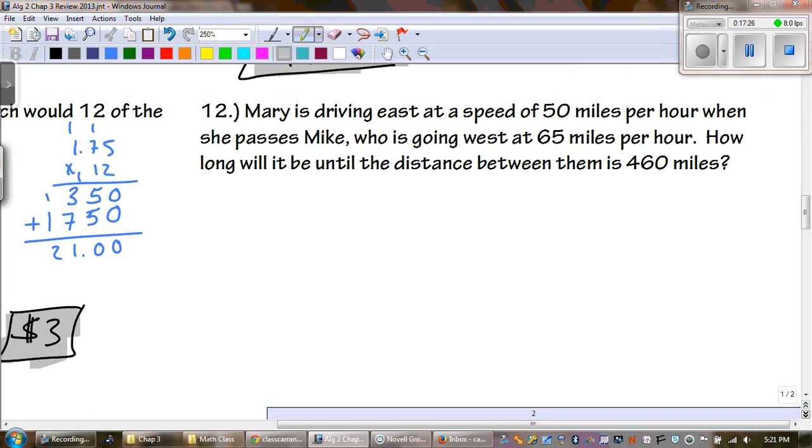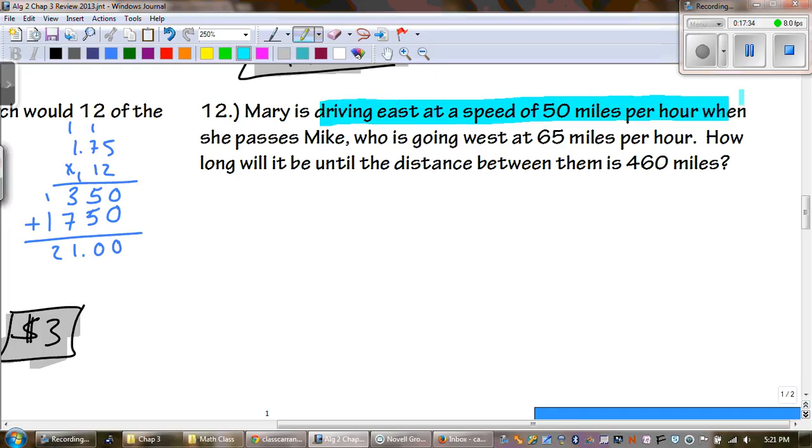All right, number 12. Our favorite types of questions. All right, so Mary is driving east at a speed of 50 miles per hour when she passes Mike, who's going west at 65 miles per hour. How long will it be until their distance between them is 460 miles?